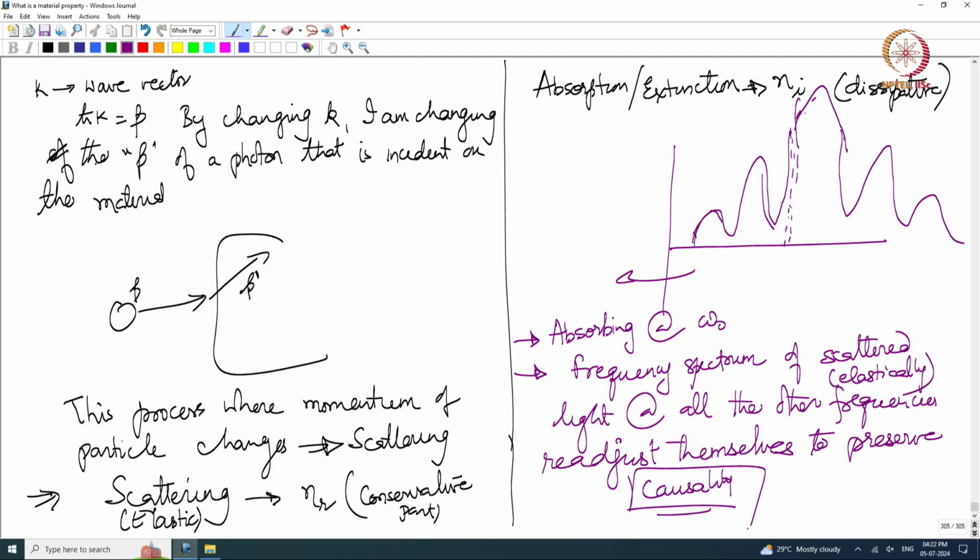Okay. And so if that readjustment does not happen, then causality is broken, right.